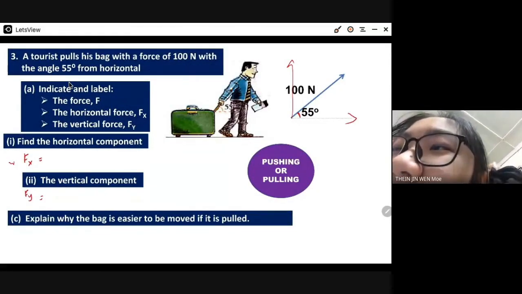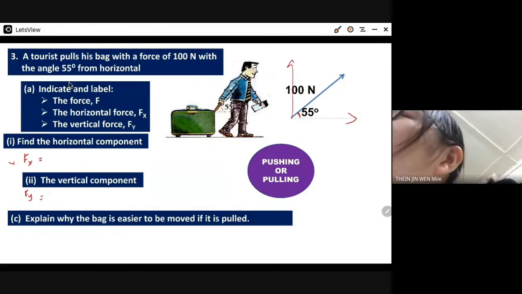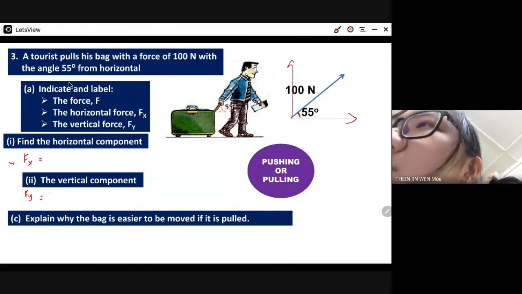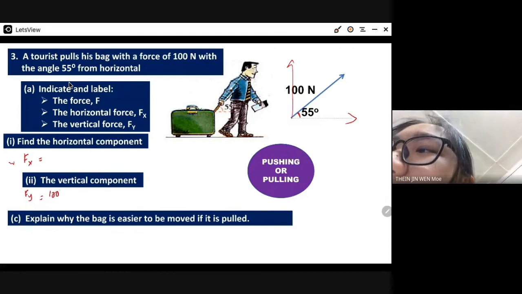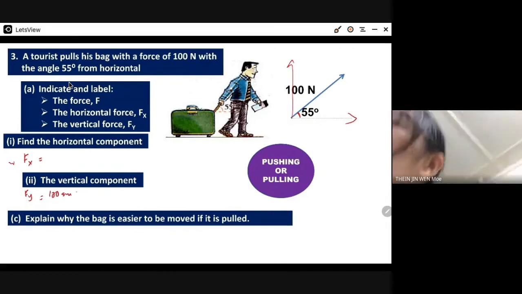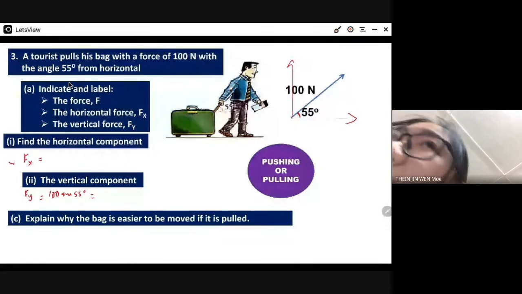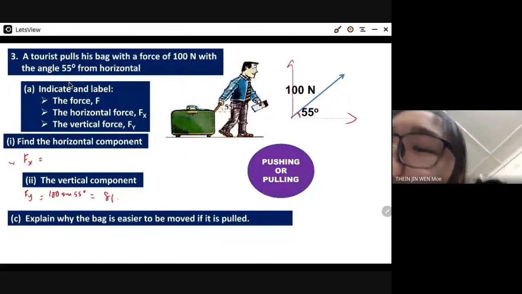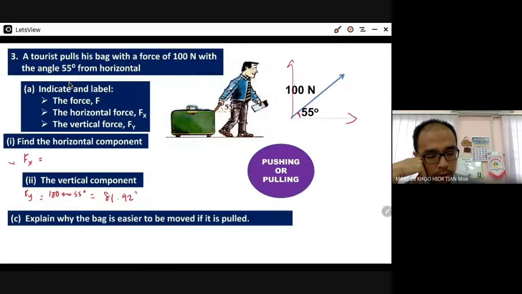Fy equals 100 Newton sin 55, equal to 81.92 Newton. Okay, thank you. Rania?